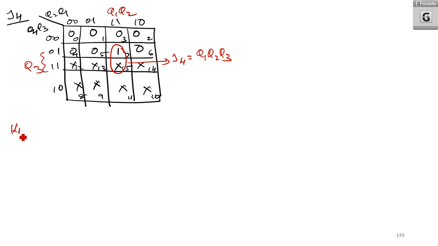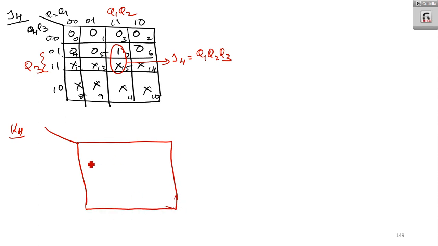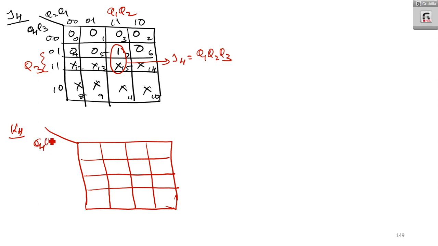Now coming into K4, we should draw a 4 variable K-map for K4. We have Q4, Q3, Q2, Q1 with 0, 0, 0, 1, 1, 1, 1, 0.